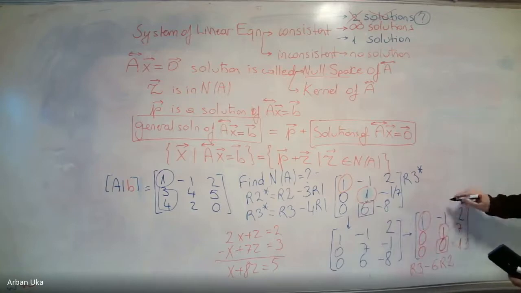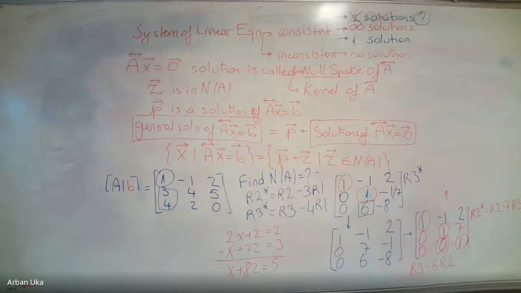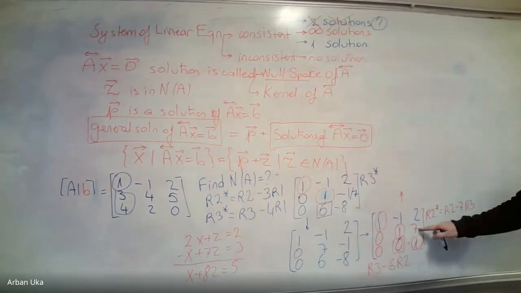So let's go up this way. Now here we have a leading 1, and we want to make this 0. How can we do this? We can say row 2 star is equal to row 2 minus 7 row 3, okay?